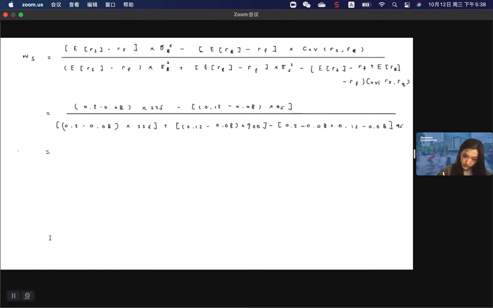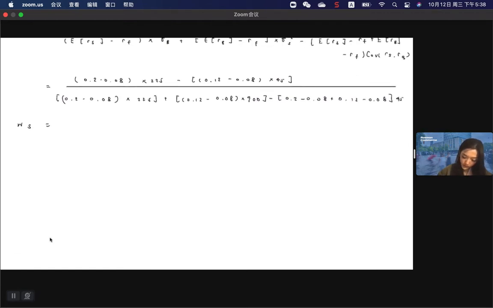And this would give you the weight of the stock within the portfolio as 45.16%. And the weight for bond is just 1 minus the weight of stock, which is equal to 0.5484, which equals 54.84%.